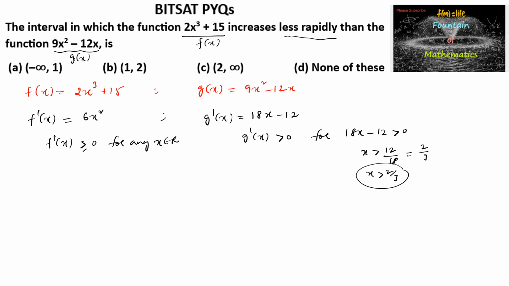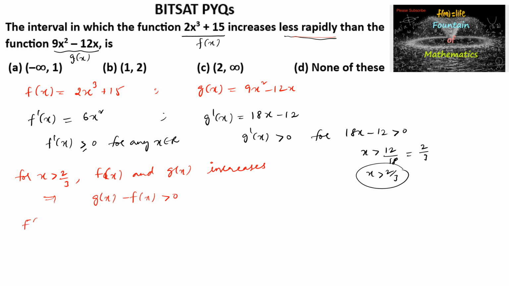So we can consider for x greater than 2 by 3, both the functions f of x and g of x increase. And also given f of x increases less rapidly than the function g of x, which implies that g of x minus f of x is positive.